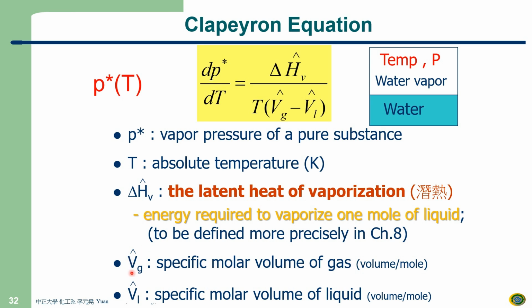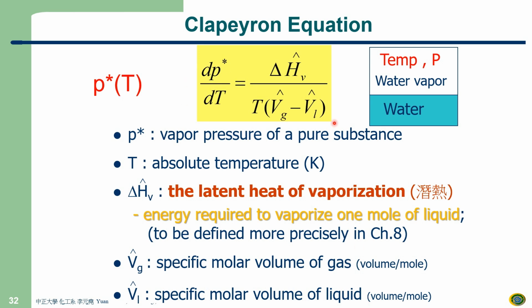And V over n, you know that. It's called specific molar volume. V sub G, G stands for gas, so specific molar volume of gas. V sub L over n is specific molar volume of liquid.